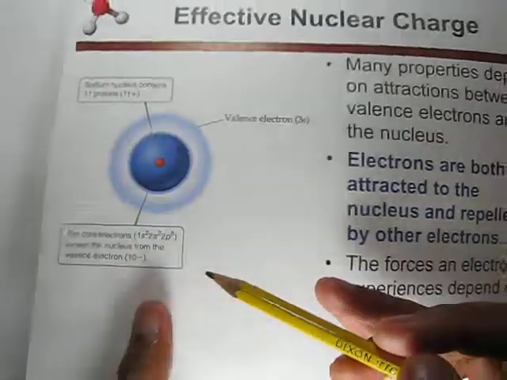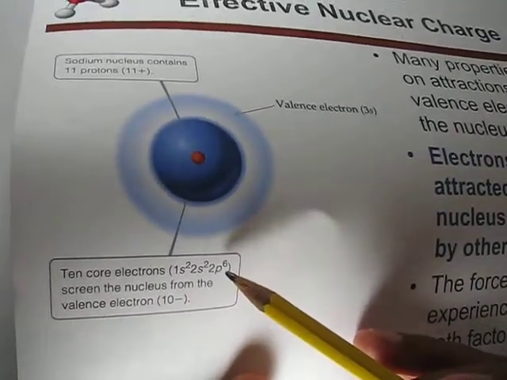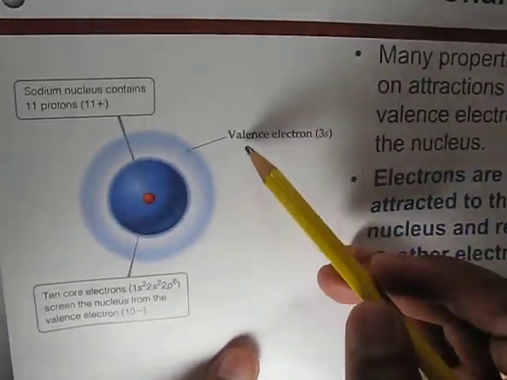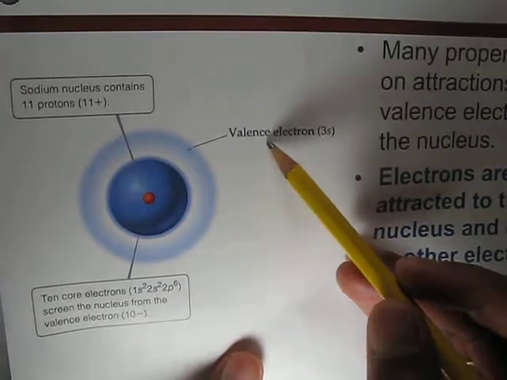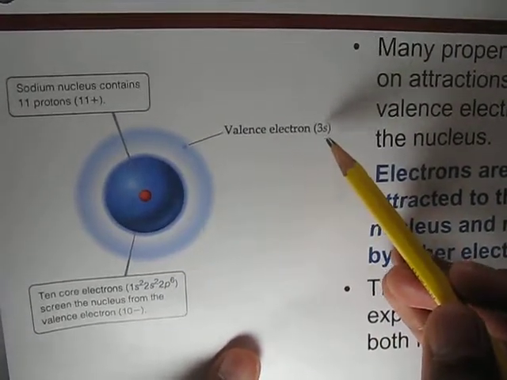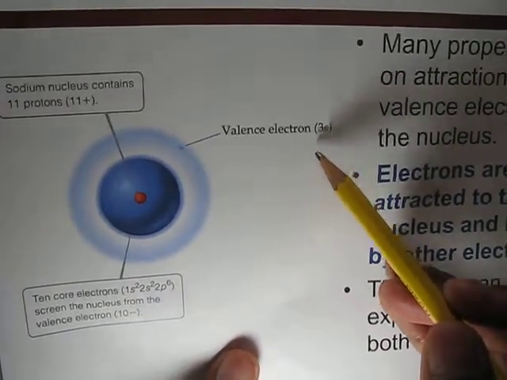So the electronic configuration will be 1s2, 2s2, 2p6 and 3s1. The last electron, which is the 3s1, is called a valence electron, and the third shell is called the valence shell.